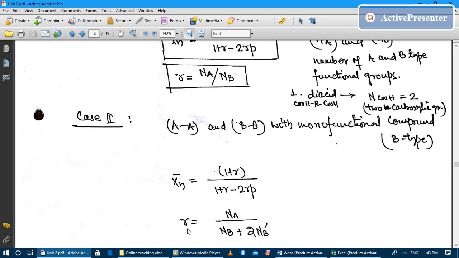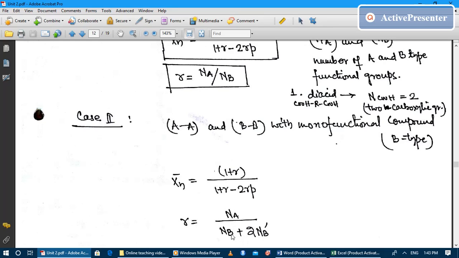Na, you know, is the number of A type functional groups, and Nb is the number of B type functional groups, and Nb' means the number of functional groups provided by the monofunctional compound of B type.